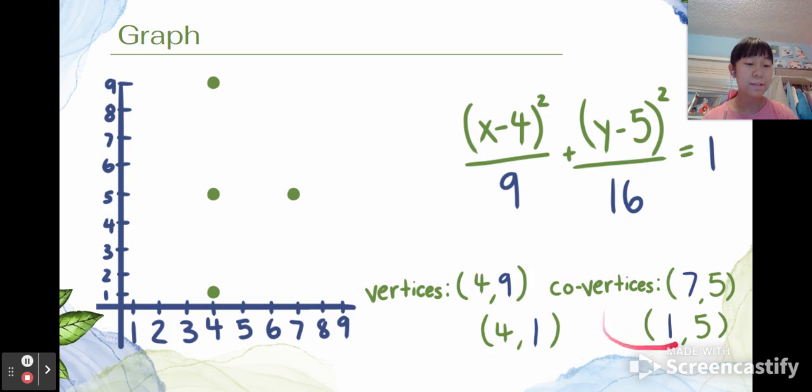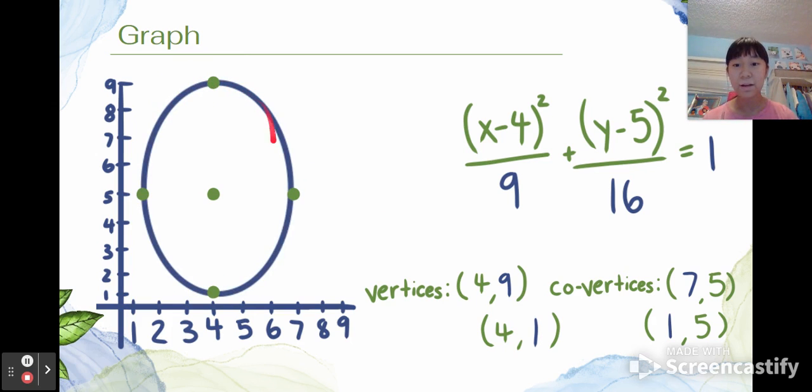And then let's graph our next one, which is 1, 5. Now that we've plotted our points, we are now going to connect the dots to give us our ellipse drawn right here. And as we can see, it is a vertical major ellipse because the a value is with y.